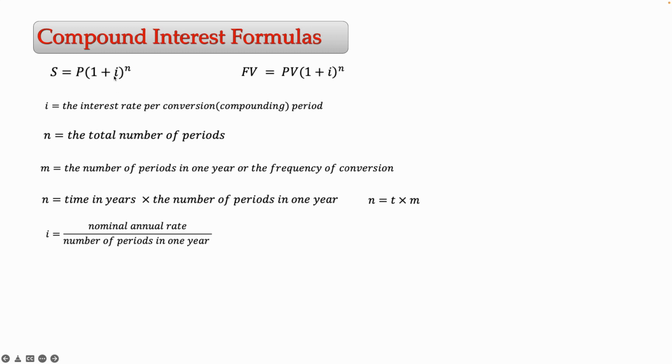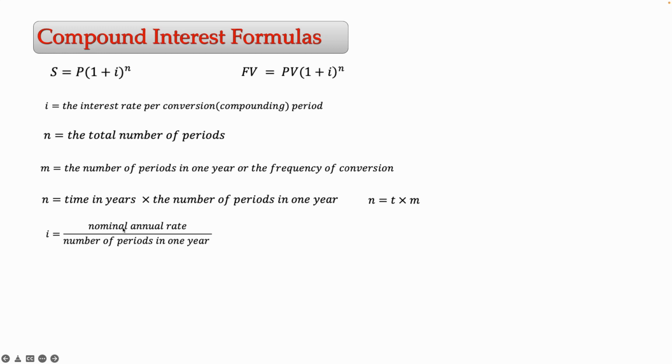The periodic rate of interest is computed from the nominal annual rate, which usually is given in a problem, or is informed by the bank, the entity that is giving you the interest.